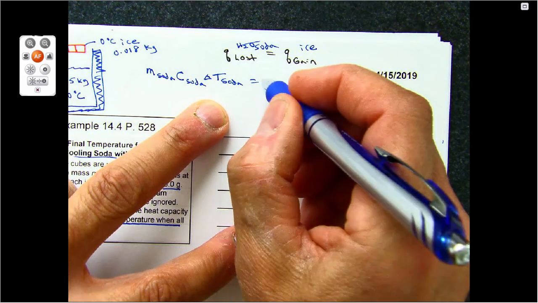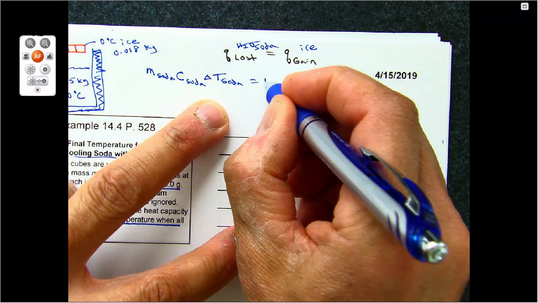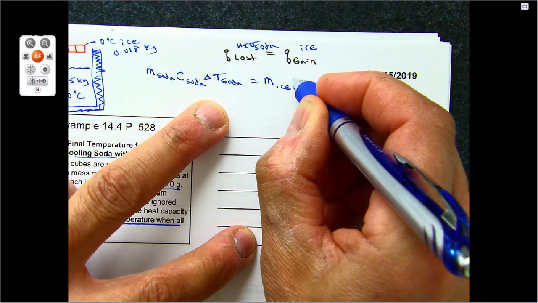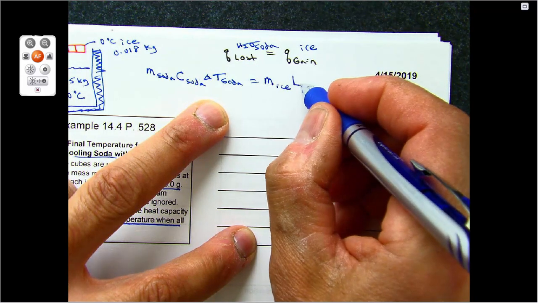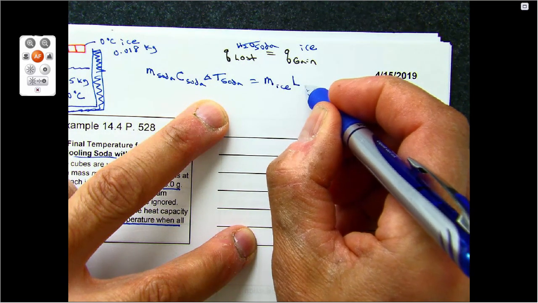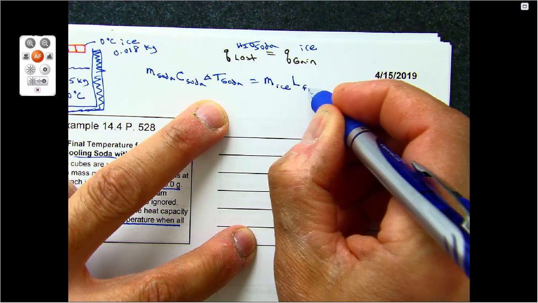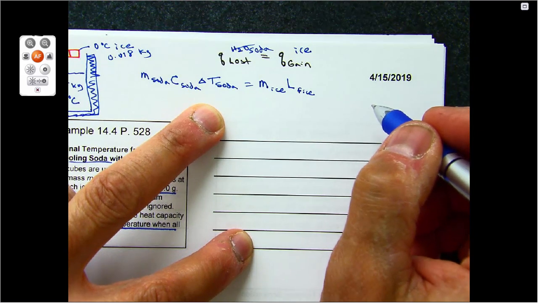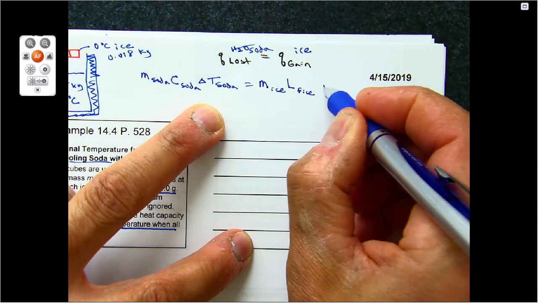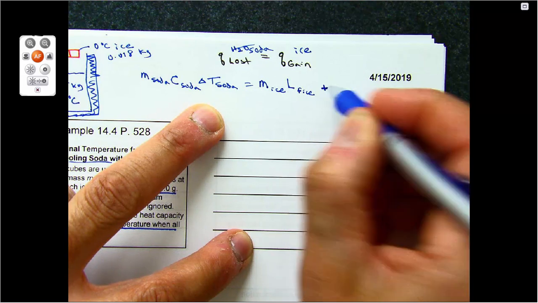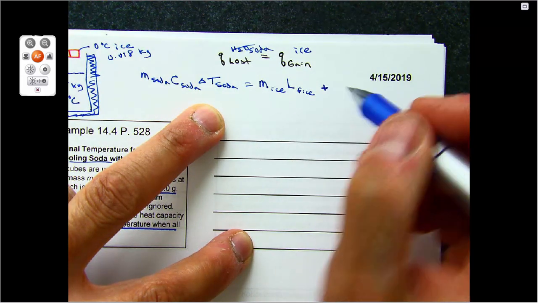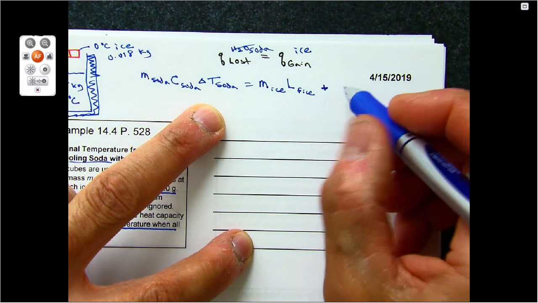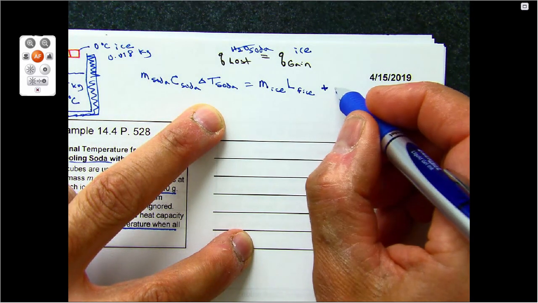So the first thing we're going to have to do is take the mass of the ice times the enthalpy of fusion of the ice, plus, once that ice melts, it will also heat up. We've got to get a final temperature out of this.